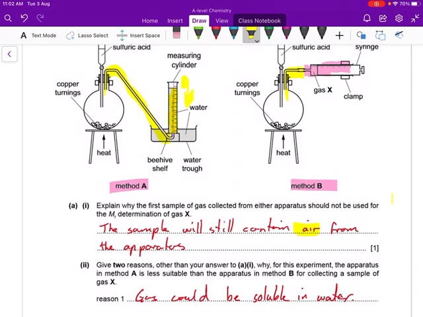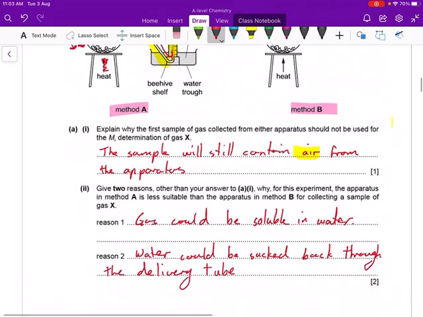And the second thing is, as this reaction becomes less and less, some of the water can be sucked back into this delivery tube, because when I remove my heat, or the reaction stops, the temperature drops and the pressure decreases, so it's going to suck back some water into that. It happens very often, even in normal school experiments. So something to look out for in an experiment like that.